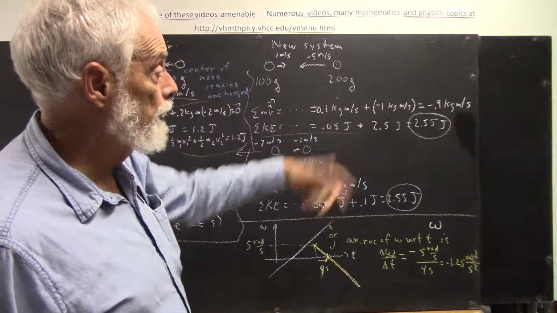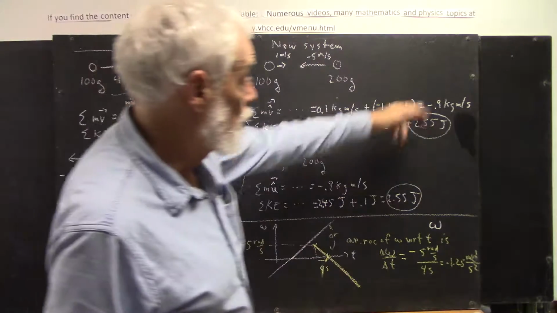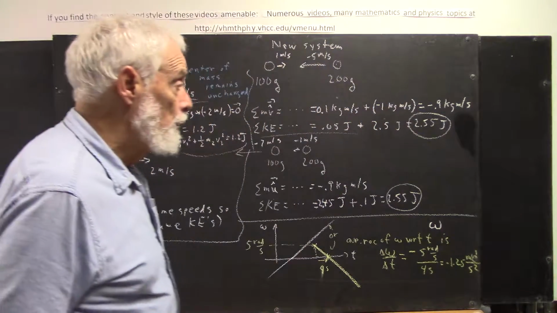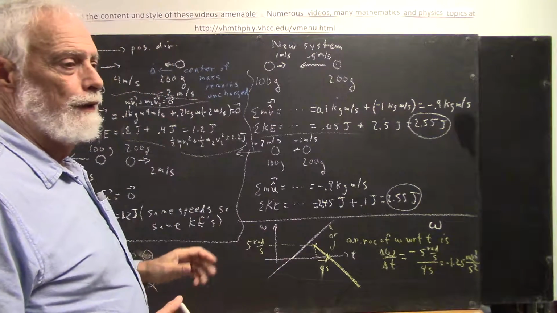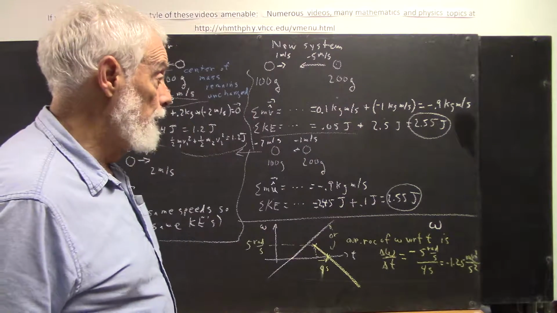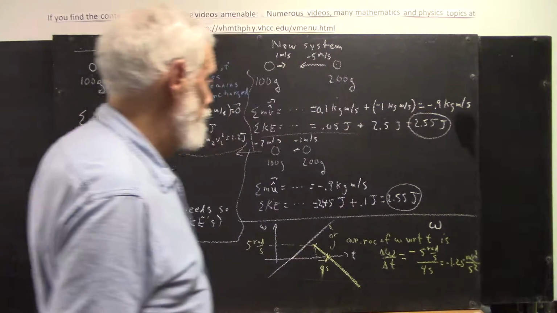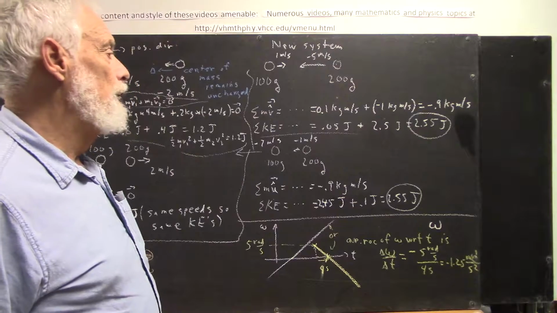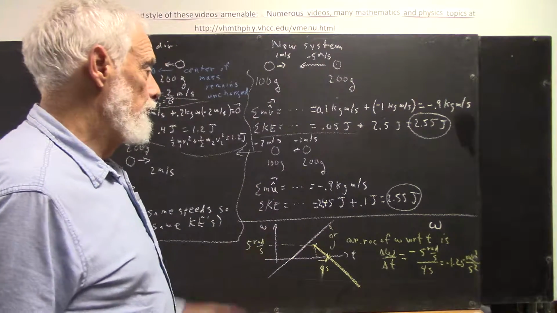So the kinetic energy really depends on the system, and so does the total momentum of the system. Now there's more I could say about that. We're in the center of mass frame here. If you multiply the total mass by the velocity of the center of mass frame, measured from the new system, you're going to get this. That's more than you really want to think about right now, but that's what we have.